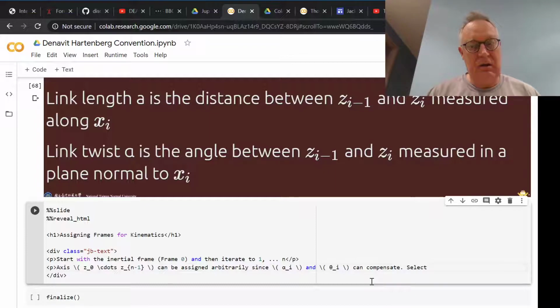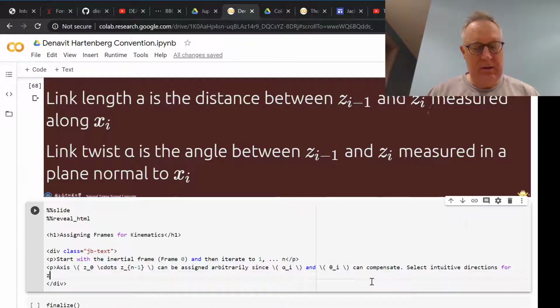So we pick intuitive directions for z0 to z n minus 1.